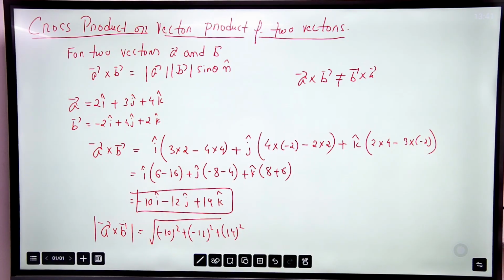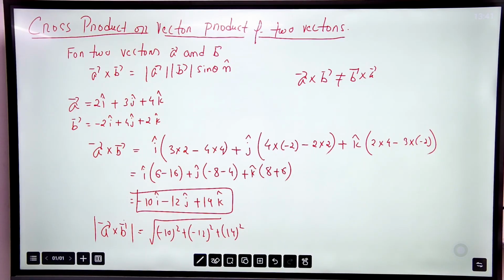Obviously, because if the vectors are parallel to each other, the angle between them will be 0 degree, and you know sine 0 is 0, right? So a cross b will become a b sine 0. That will simply mean 0. So a cross b will be 0. In dot product, when you take the perpendicular vectors, the dot product of the vectors will be 0. When you take the cross product as 0, the vectors will be parallel, right?